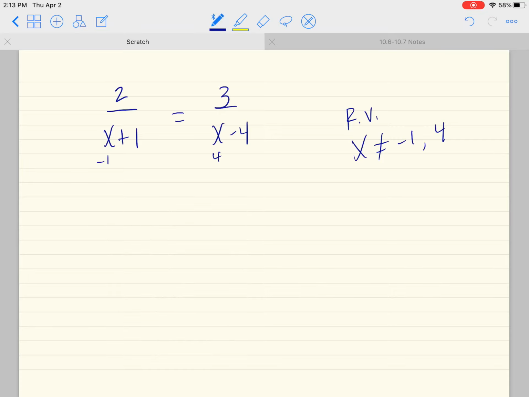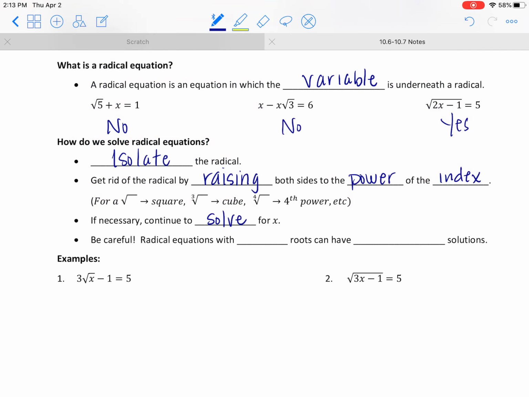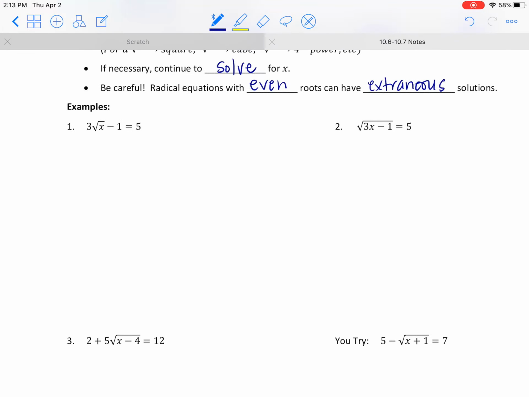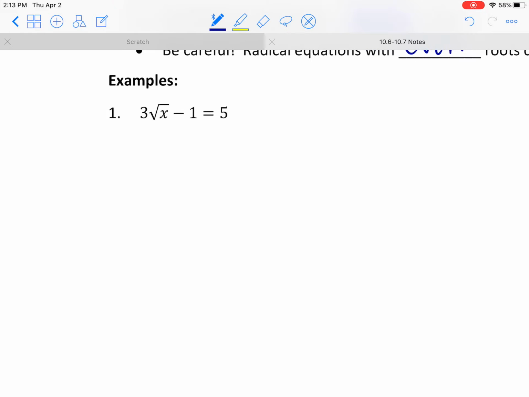Anytime you have a restriction in your equation, something that's restricted, like you can't have 0 in the bottom of the fraction, or you can't have a negative under a square root, then you have this possibility of extraneous solutions occurring. So we have to really be careful with our radical equations with even roots, because they can have extraneous solutions. And sometimes it'll be pretty clear when those are going to happen, but sometimes not so clear, so you're just going to want to make sure you check your answers, okay?